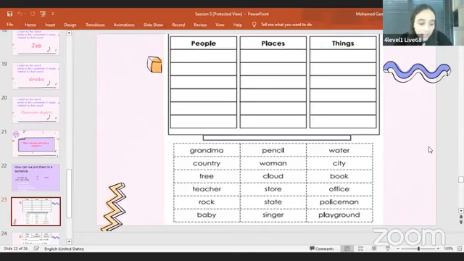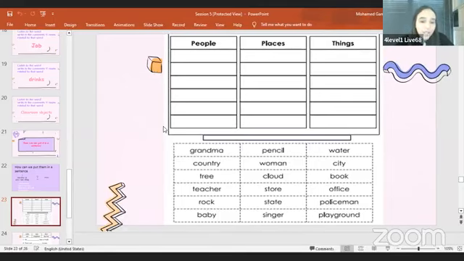Is the exercise difficult? If it's hard, if it's difficult, tell me in the comments. Okay, so I think it's a little bit difficult, so let's do it together.